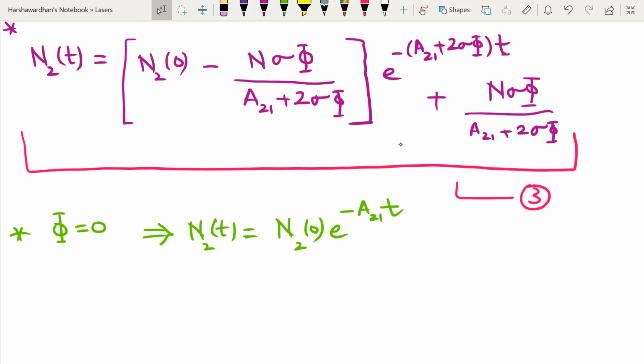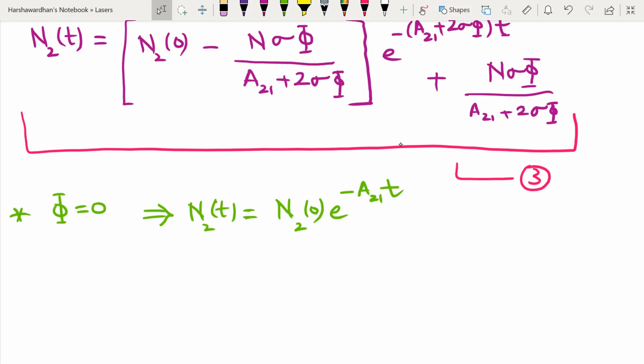And the second constant term, because phi itself is 0, does not contribute, right? So this becomes my result. Is it reasonable? Indeed it is. What it is telling you is that if I prepare the atoms in the excited state, remember that my level 2 was the excited state, they would simply spontaneously decay. And that exponential decay is neatly captured in this expression.